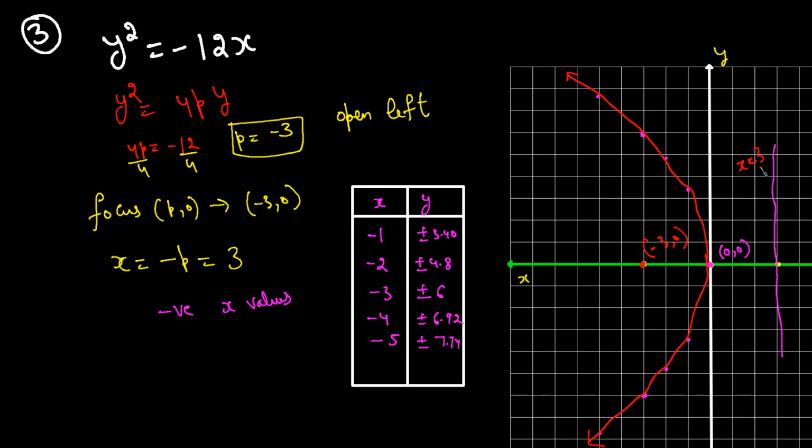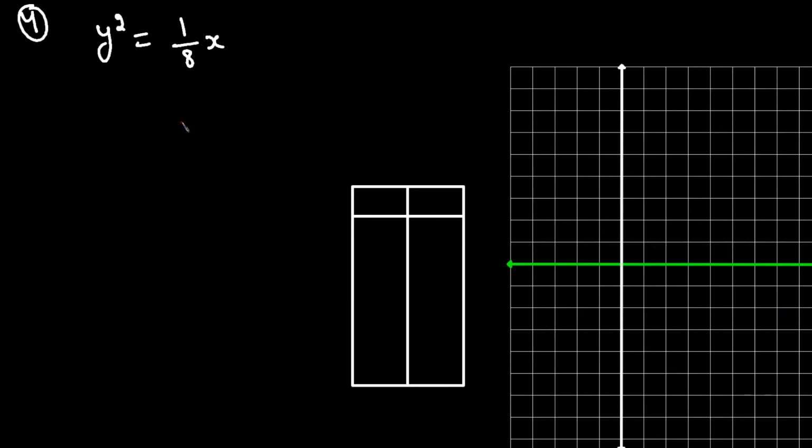And the next example we're going to do is one where the parabola opens to the right, which is y squared equals 1 over 8x.